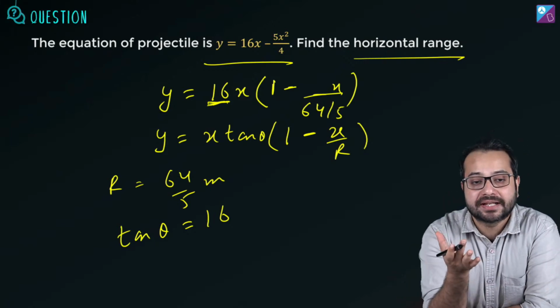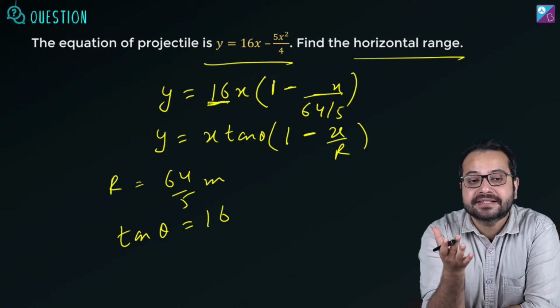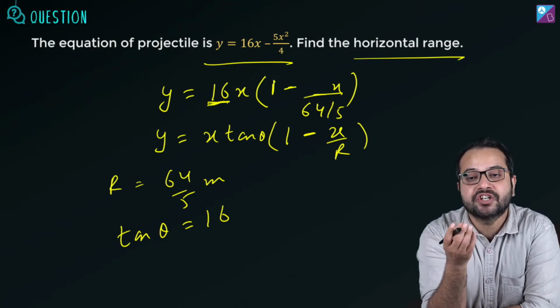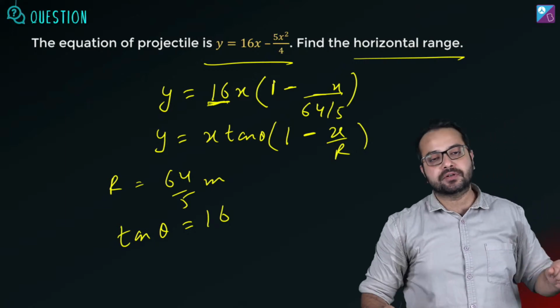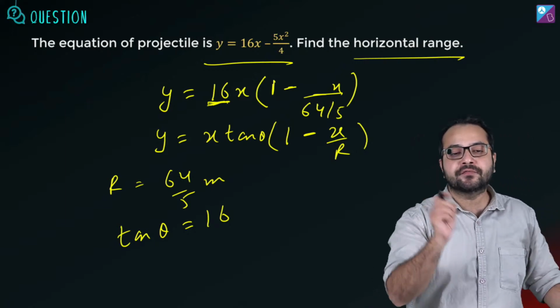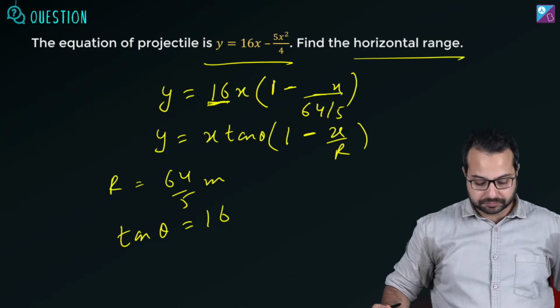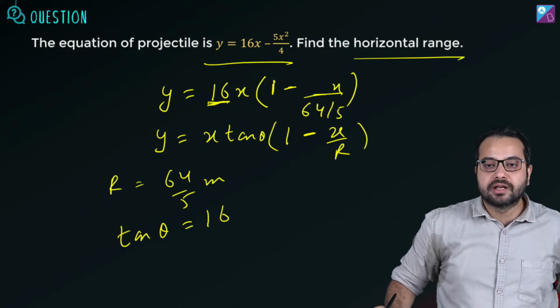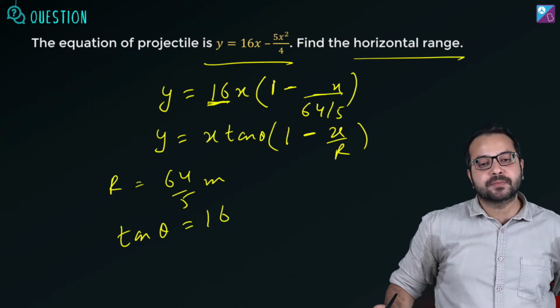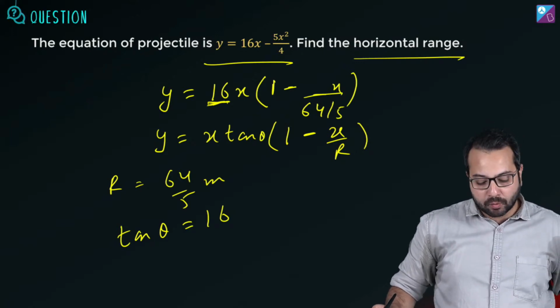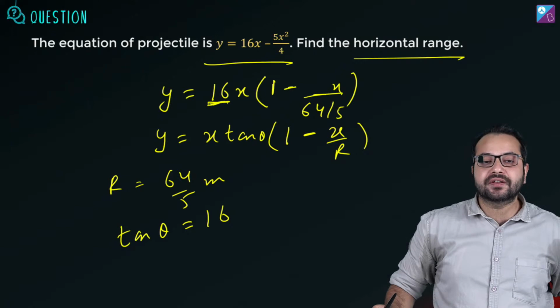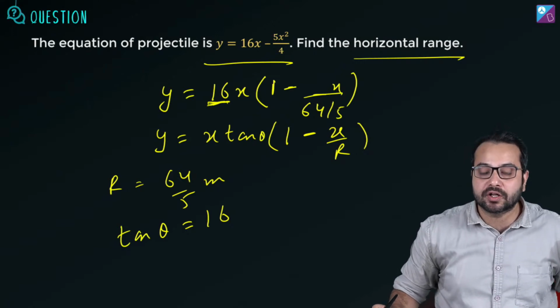Now here, let's say if you ask the question what was the initial speed, can you figure that out from this equation? Tell me. We know tan theta, we know the range. Can we figure out the initial speed also?